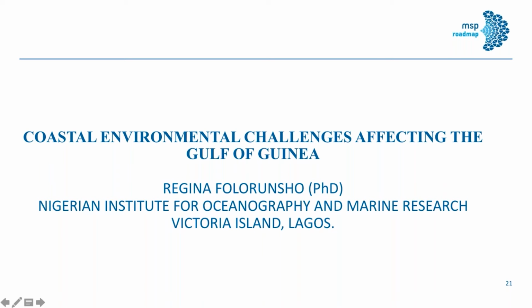In addition, there is the construction of harbors, multiple harbors, proposed harbors. In Nigeria, I think there are about 3 more proposed harbors to be constructed. And all these are going to trap sediments on the updrift side, and the downdrift area will be affected.